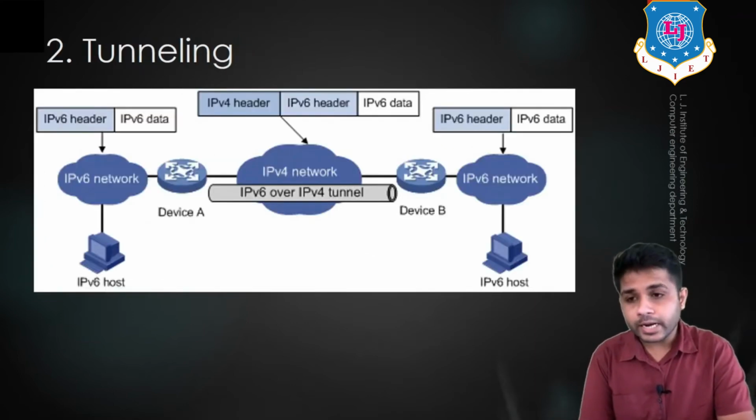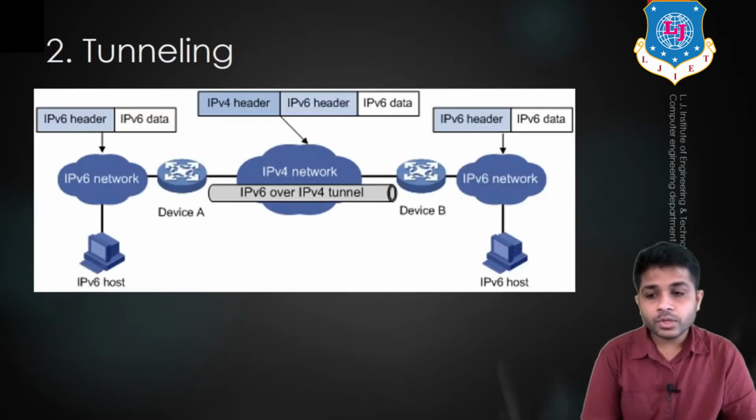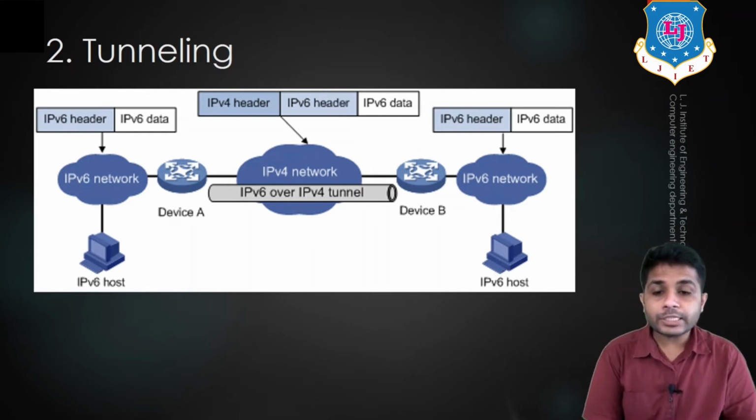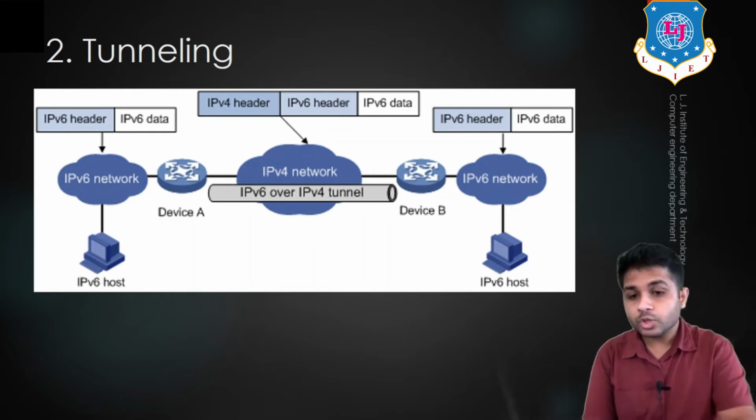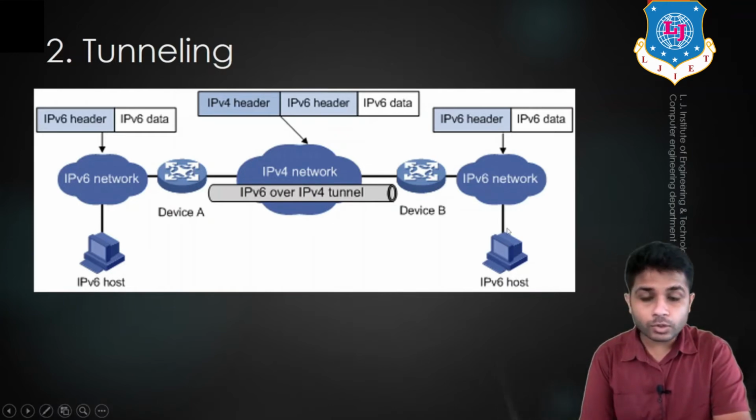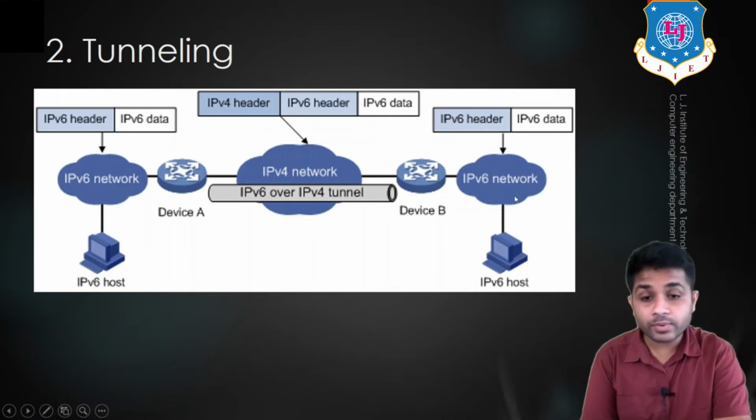Now let's see the second method, that is tunneling. What is tunneling? Tunneling means that we will add some extra data to the original data. You can see that there are two devices, IPv6 host and IPv6 host, and these two devices are working on an IPv6 network, meaning these are the advanced devices.